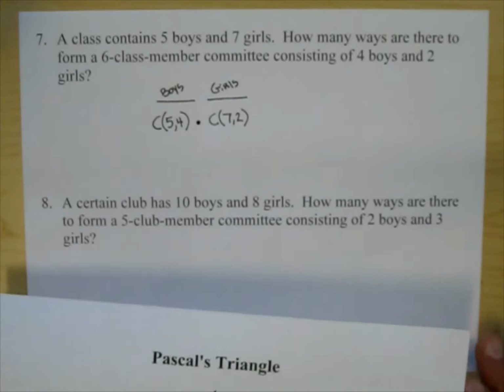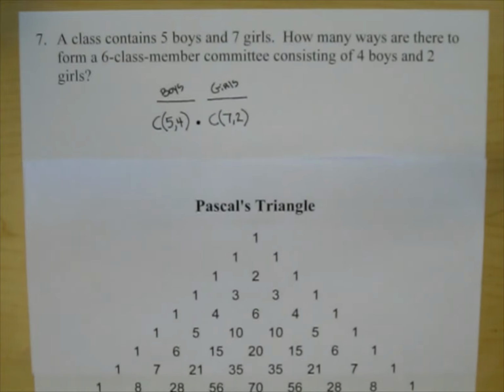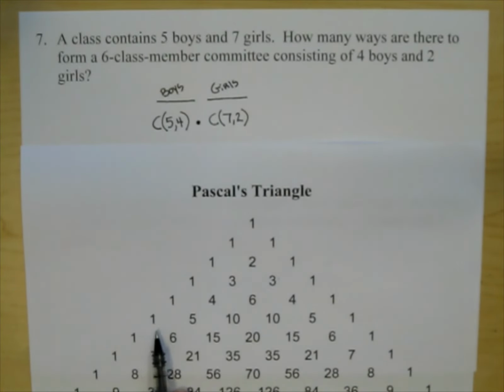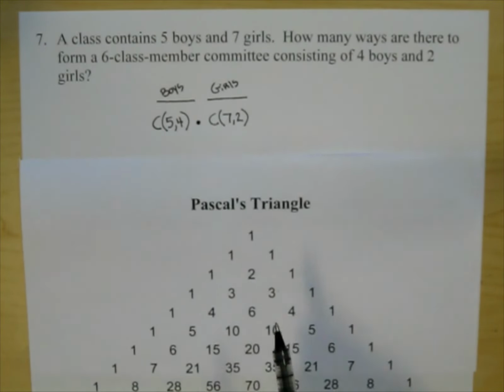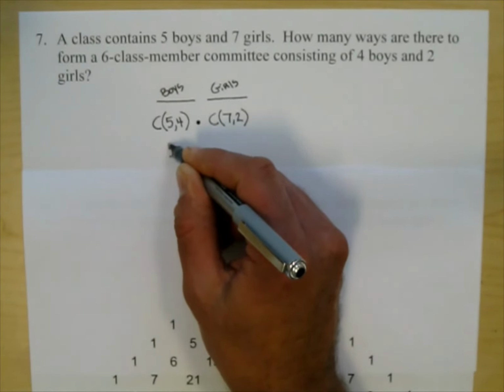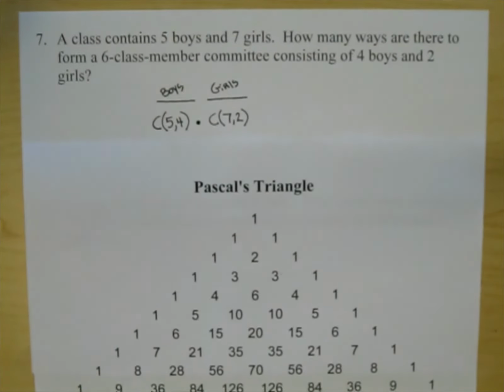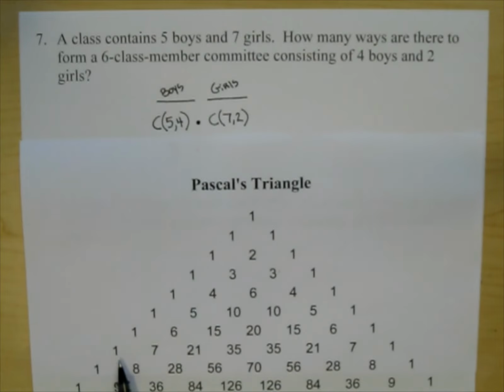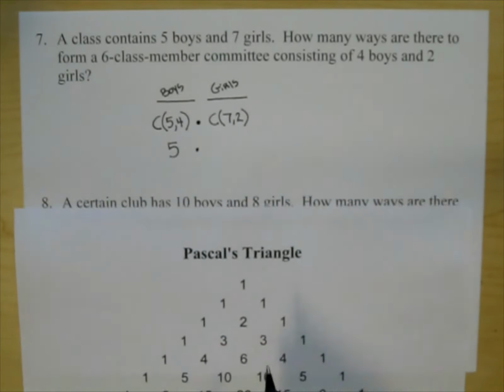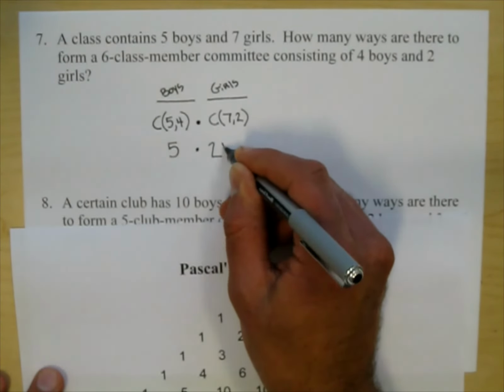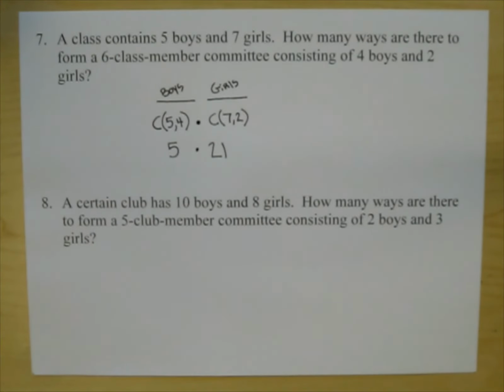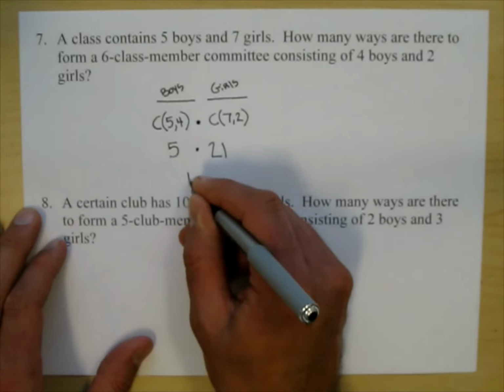5, choose 4. 1, 2, 3, 4. That's 5. Multiplied by 7, choose 2. 21. So we used Pascal's triangle to get that. What is 5 times 21? That happens to be 105.